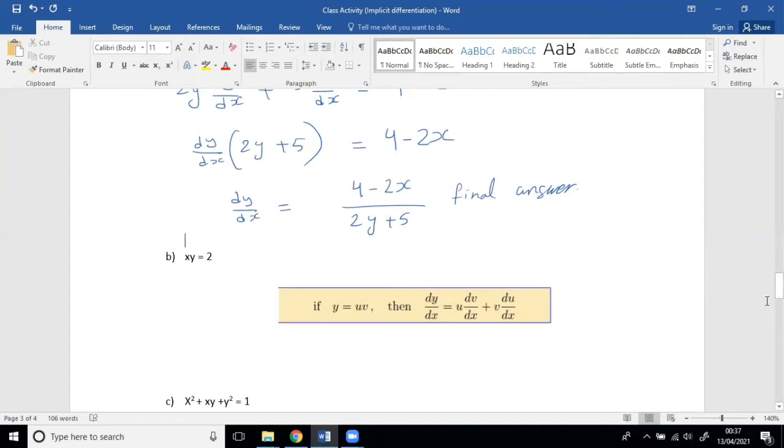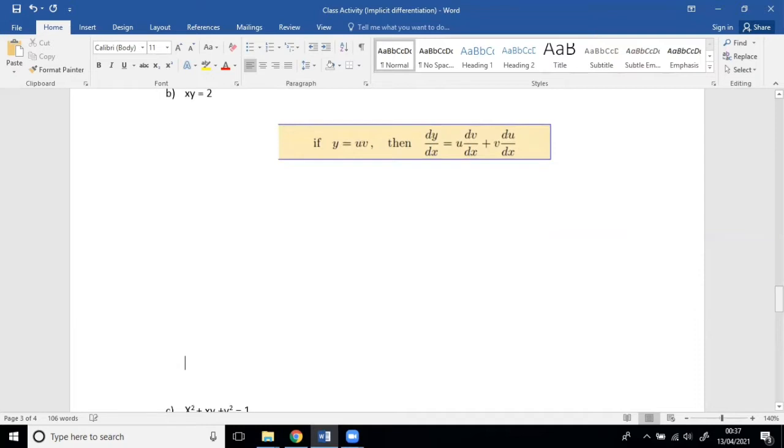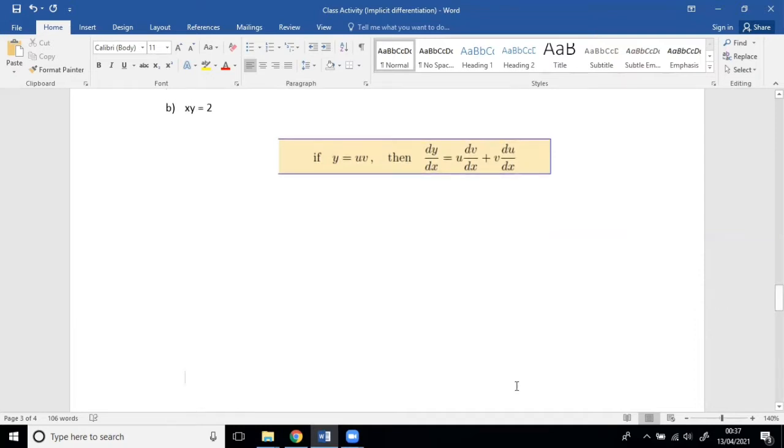There you go. Now I need to find the differentiation of this. Again, this is implicit differentiation because I have x and y together.